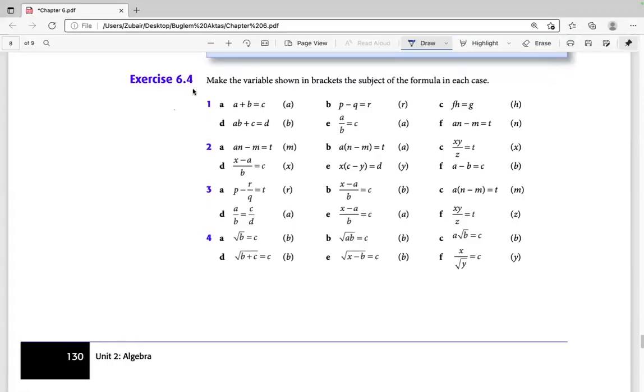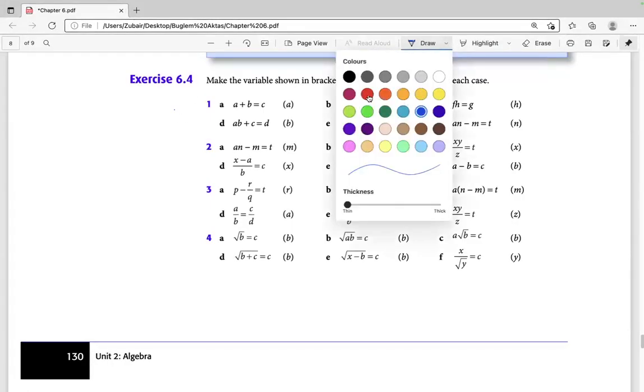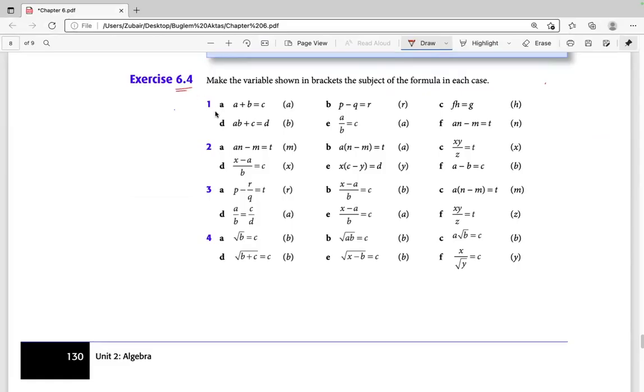Okay. Question 1. Make the variable shown in the bracket the subject of the formula in each case. So if we have to make A the subject, we have to keep A alone. A equals B minus C. Does it have to be C minus B or can it also be B minus C?